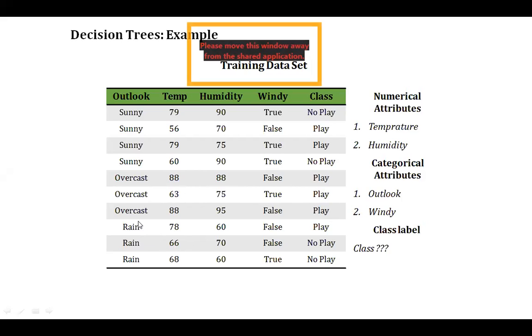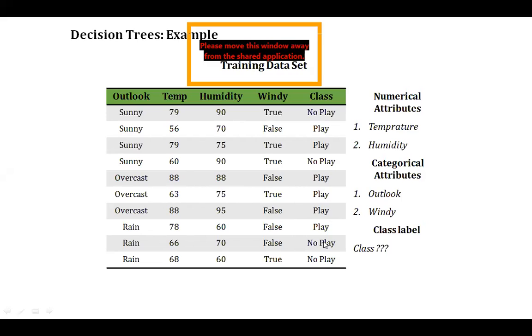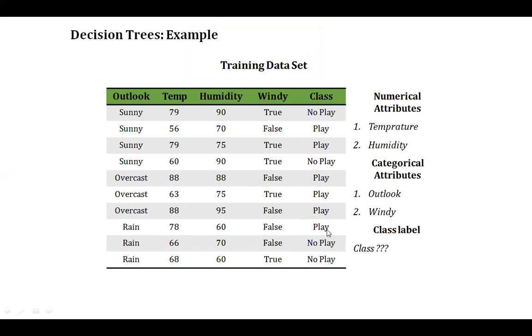But for rain, if there is more chance of rain, even though wind is false, the play can be interrupted because of rain. If the rain starts, the game will be interrupted and cannot be continued. So this is one of the training data sets.